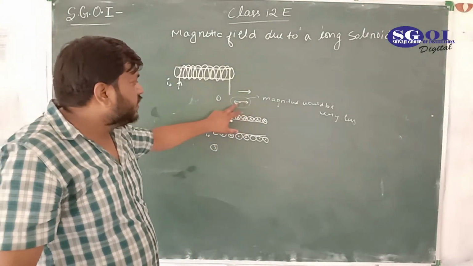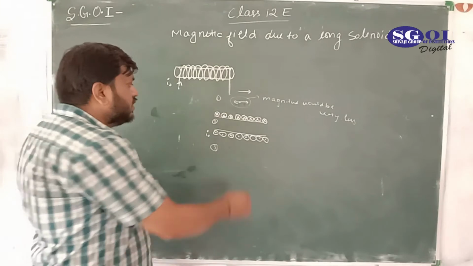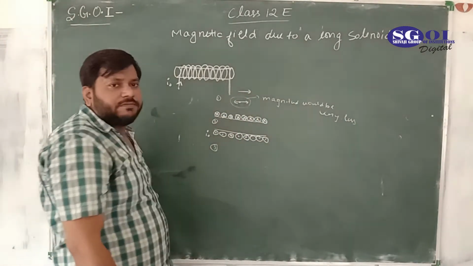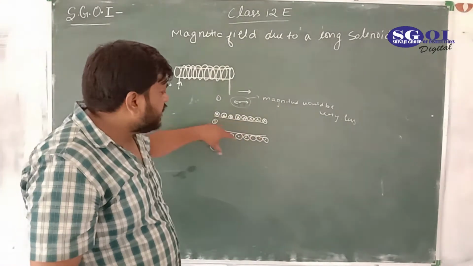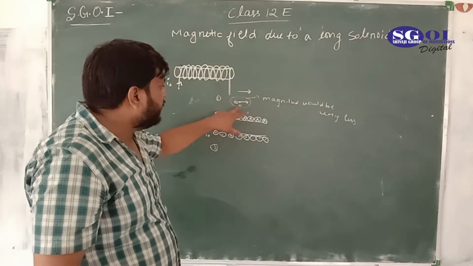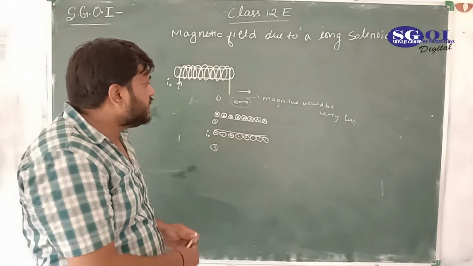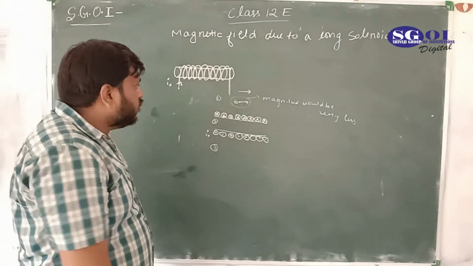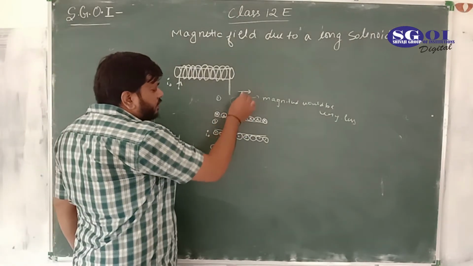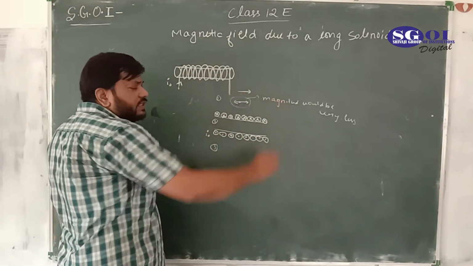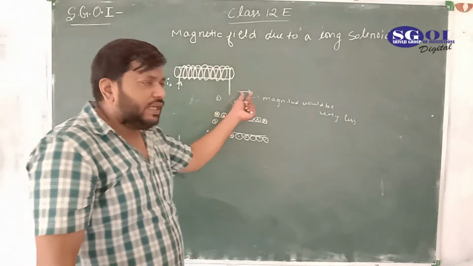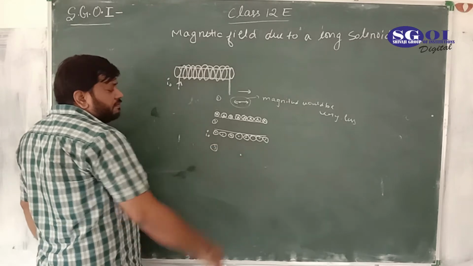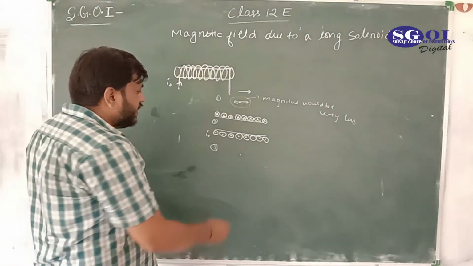The resultant of these two finally would be in this direction because the magnetic field because of this is dominating, and because of this it is very less, as the distance of these elements from this point is large, and if the distance is large, then the magnetic field at this point would be less. So the resultant magnetic field because of all this would finally be in this direction, but the magnitude would be less.